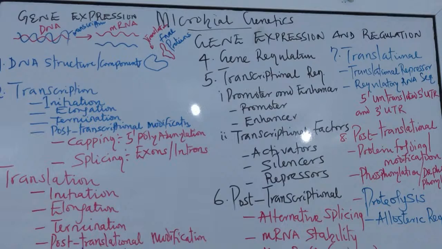In post-transcriptional modification, especially in eukaryotes, there is 5' capping at the 5' end, and the addition of a poly-A tail, that is, the addition of many adenines. That is followed by splicing, that is, removal of non-coding regions from the coding region.